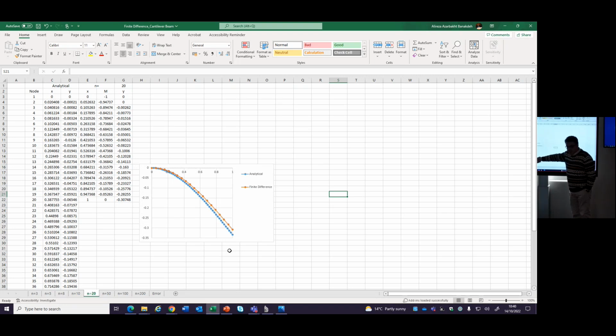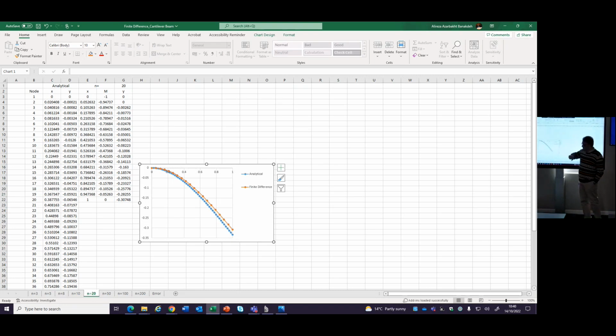The last point deflection is minus PL^3 over 3EI. Yes, now we all memorized it today, didn't we? So I want to just focus on this point because it has the maximum deflection, doesn't it?